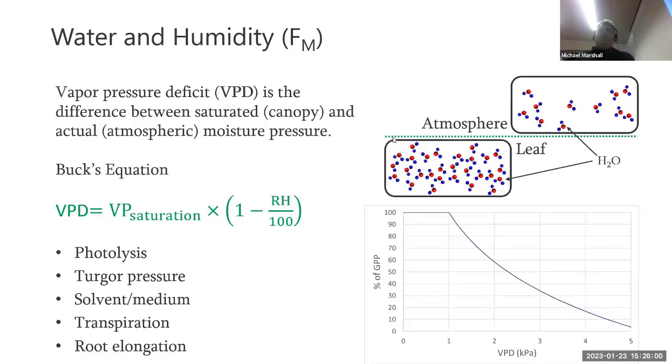You can see this is, say, a leaf layer, this dotted green line that separates the atmosphere from the leaf. And the reason this happens is, if you have these water molecules here in the atmosphere, if there's very few, then water tends to be drawn out of the leaf through evapotranspiration.